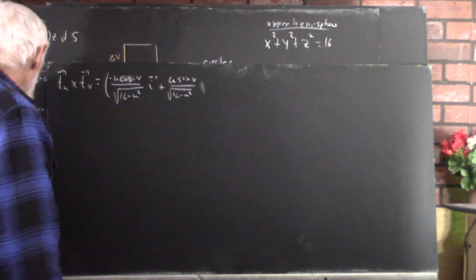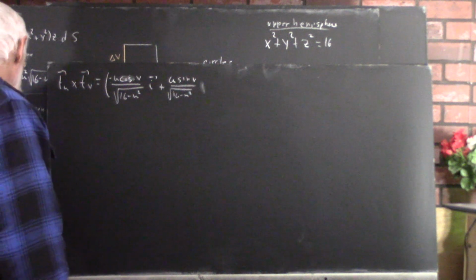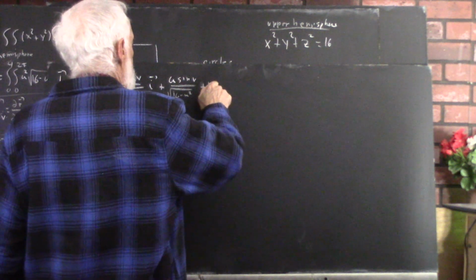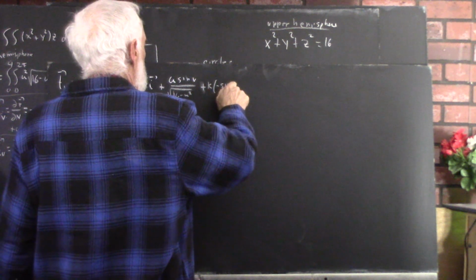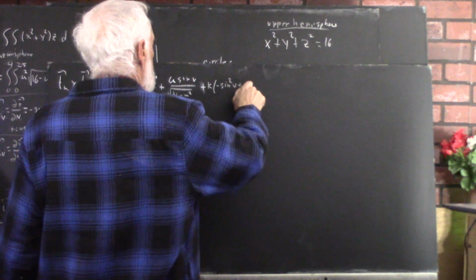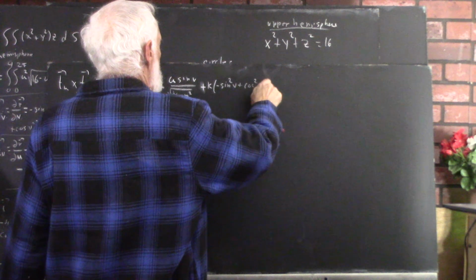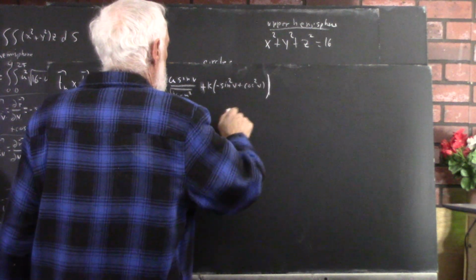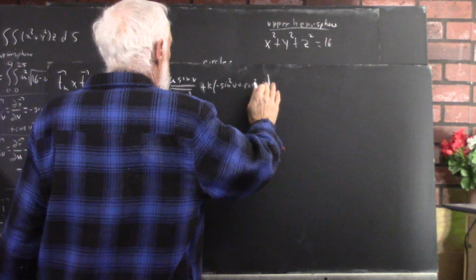I'm going to have this, and then k is going to be times negative sine squared v plus cosine squared v. Now there's the k, okay.